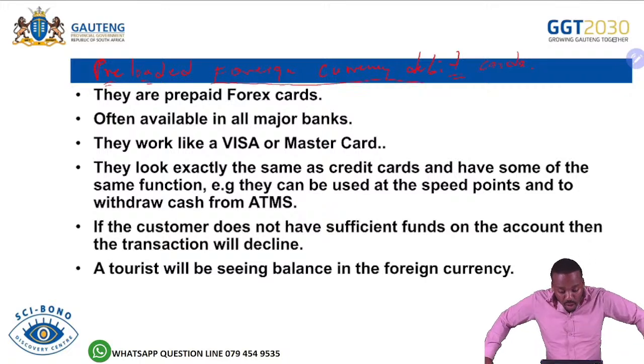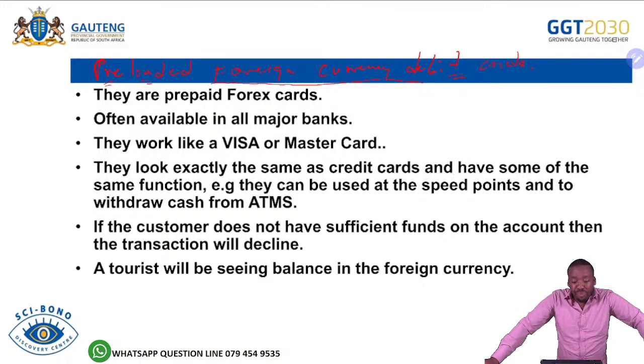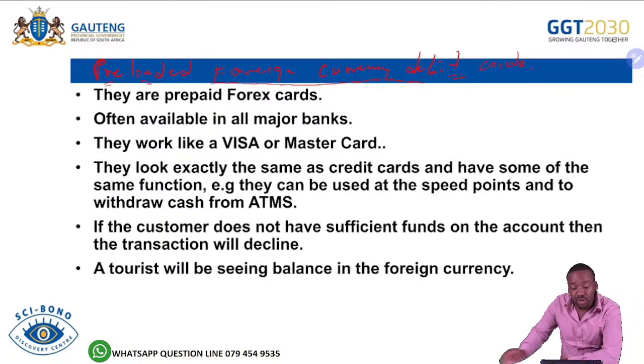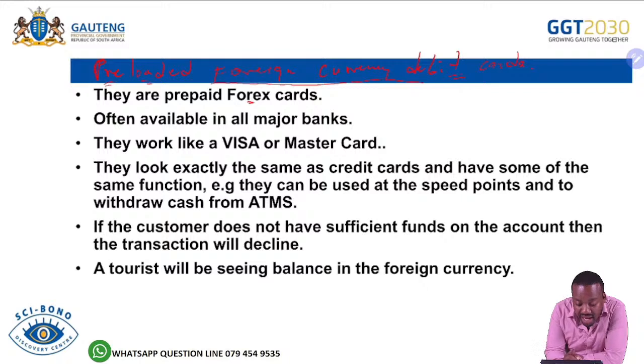Point number one, in terms of preloaded foreign currency debit cards, they are prepaid forex cards, right? Forex means foreign exchange in this context. When we say prepaid, remember we've got prepaid electricity at home. Prepaid means you buy your own card, and time and again you can load cash onto it.